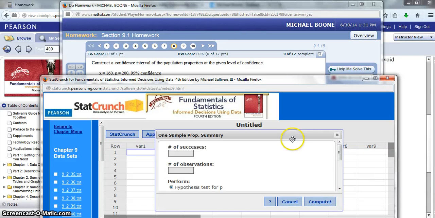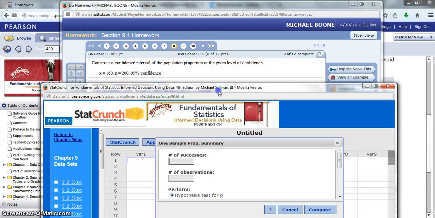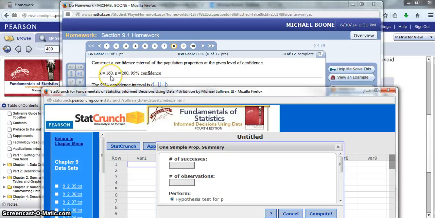So all I have to do is type in the number of successes, which in this case we have 160. Our sample size, or number of observations, would be 200, and we're looking to be 95% confident.